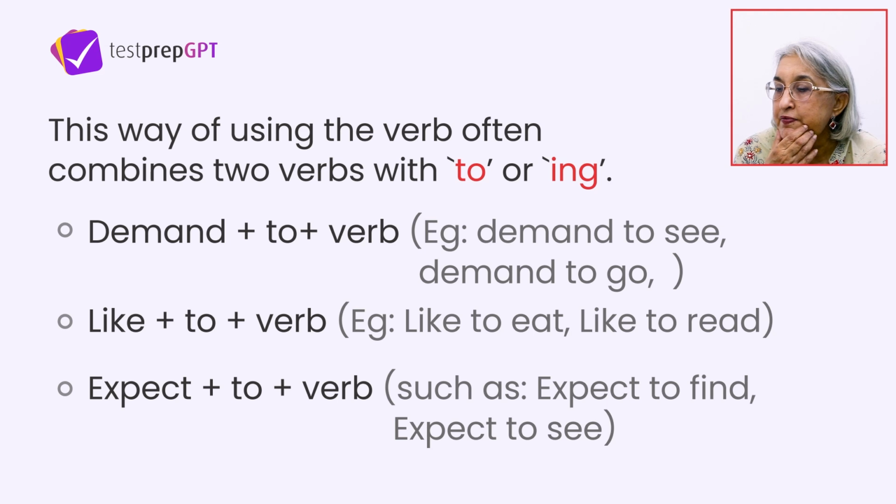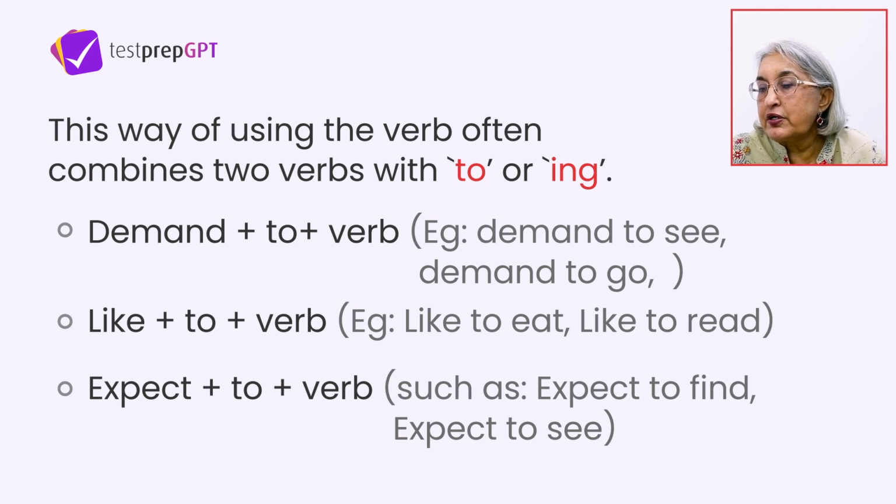Two verbs are there. Then we also can see that we can have the ing form. So one way of using this verb is with to: like to see, like to do, promise to go, etc. So to is there.